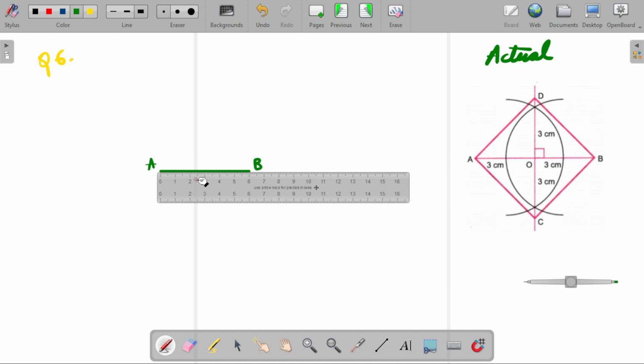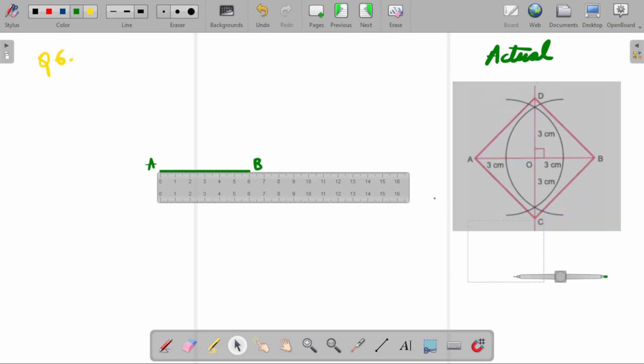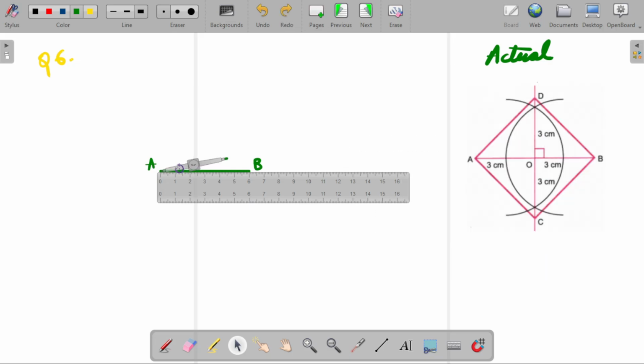Now you need to use the compass. Okay, see, we will open the compass to a length of 4 centimeter. It should be more than 3 centimeter, right?